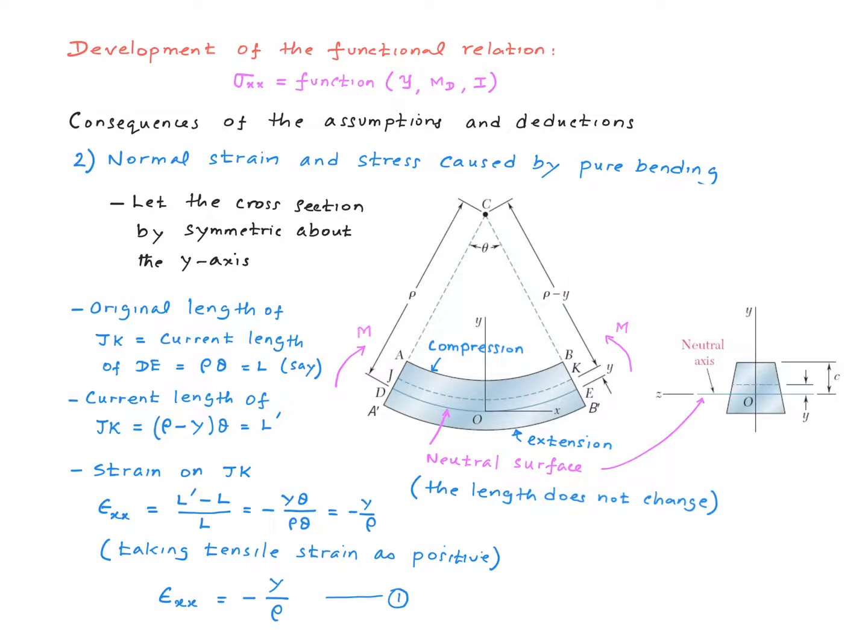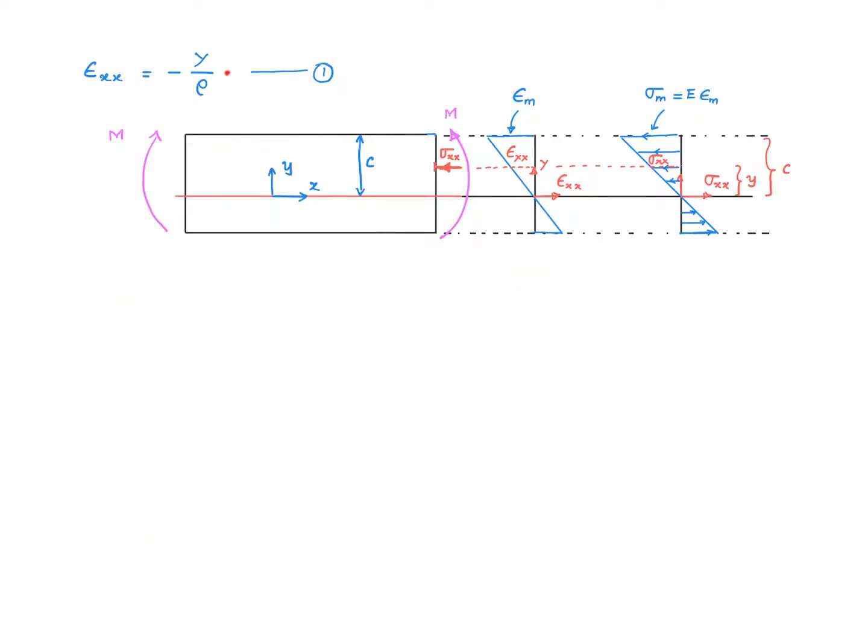Let's call that L prime. So the longitudinal strain on the fiber JK is simply the change in length divided by the original length, right? So that leads to this little expression here. And of course, here I am taking the tensile strain to be positive. So let's analyze this equation we just got a little bit more.